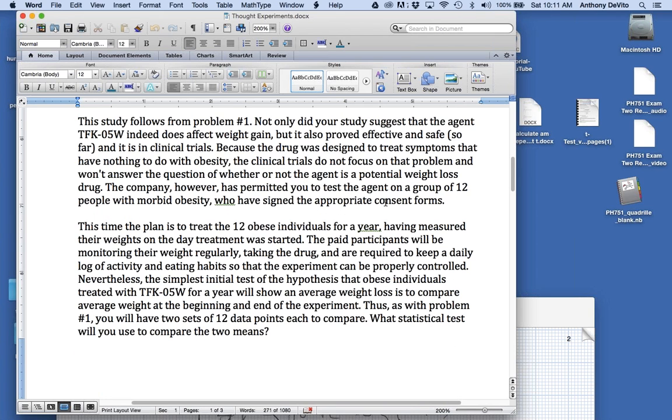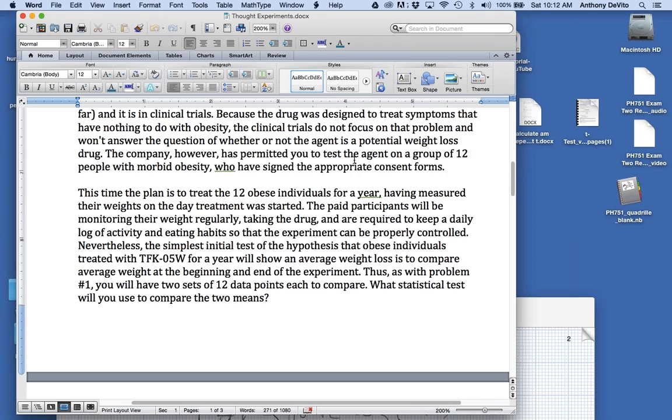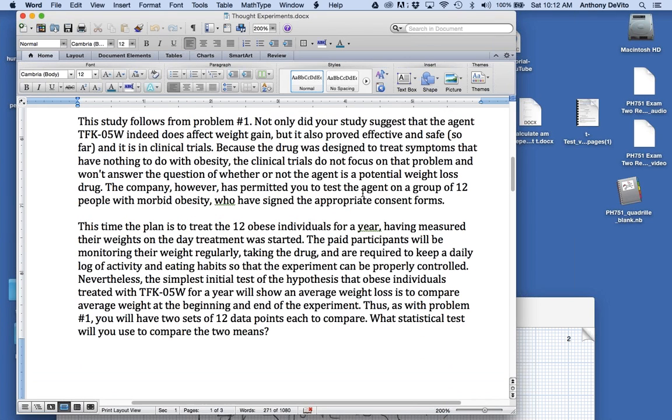Now, after that study is done, it suggests that this does affect weight, but also proved effective and safe in its clinical trials. The drug was designed to treat symptoms that have nothing to do with obesity. The clinical trials didn't focus on that problem, so they won't answer the question whether or not the agent is a potential weight loss drug.